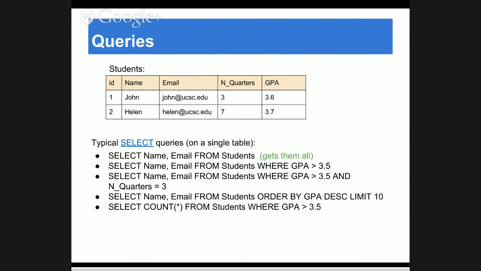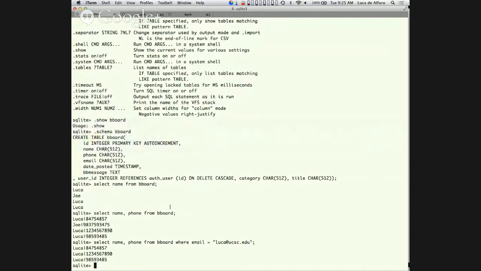Okay. These are the kinds of things that are very common to do. You can also select a count of a number of rows. For example, to check whether Luca is a user of your system, you could do select count from bboard where email is equal to luca@ucsc.edu.